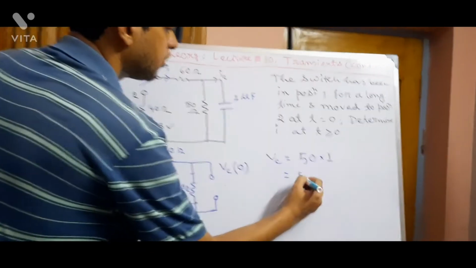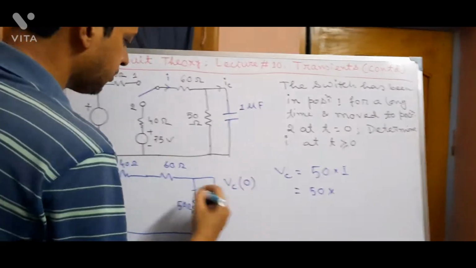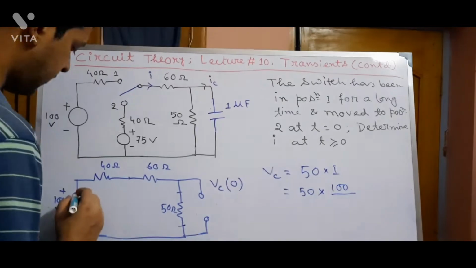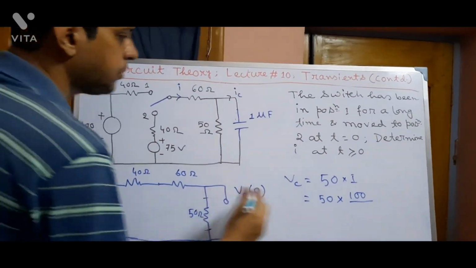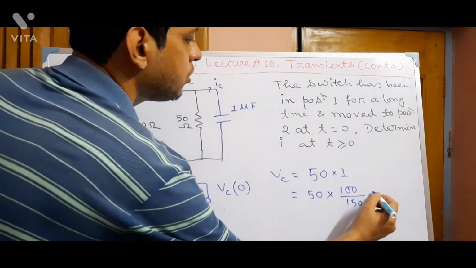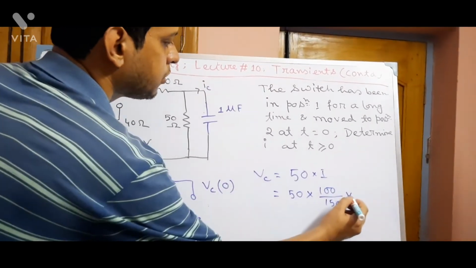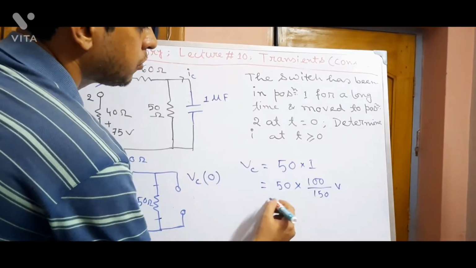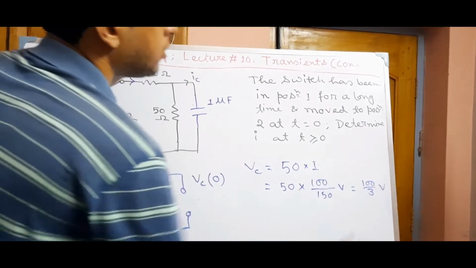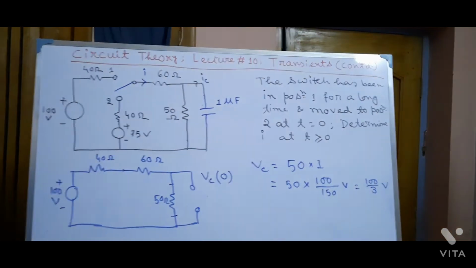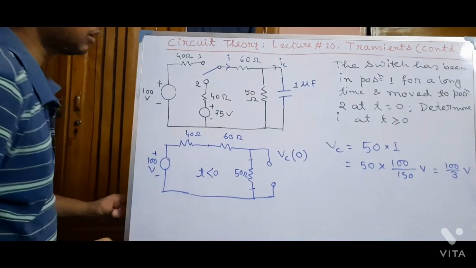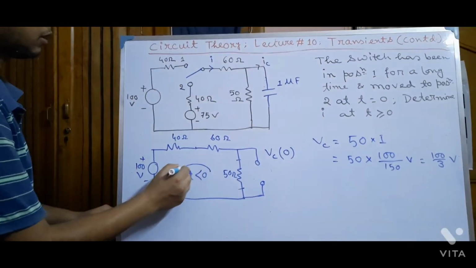So I can be determined by 100 by 150 ohm. So this is 100 by 3 volt. Now this is the condition of the circuit at t less than 0.